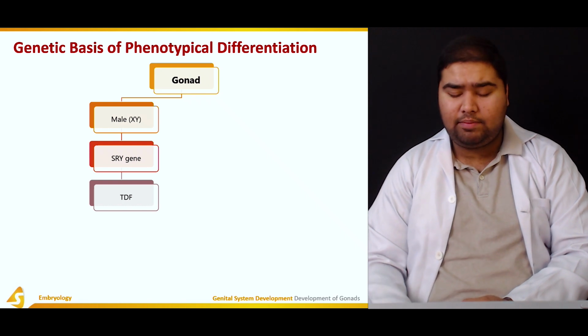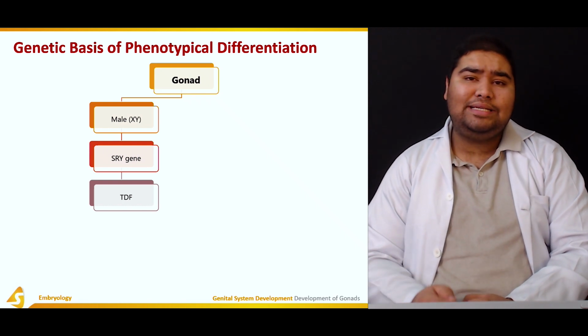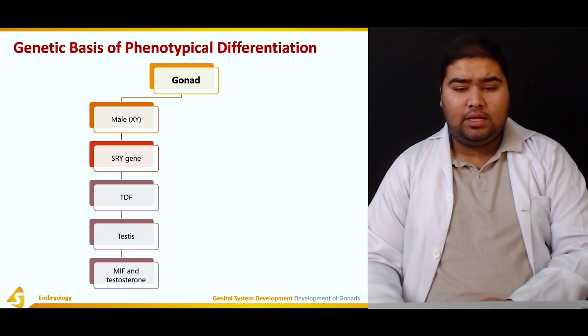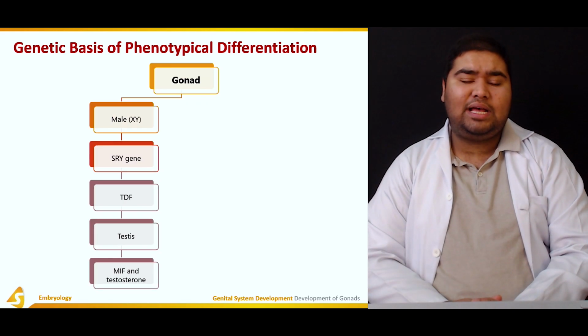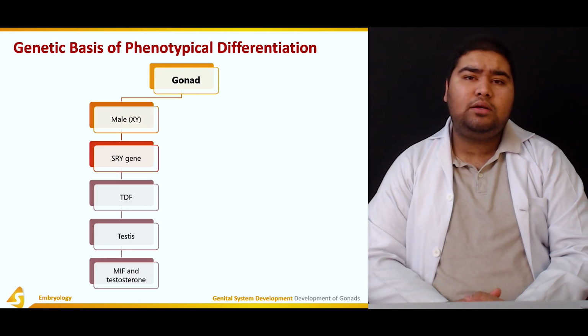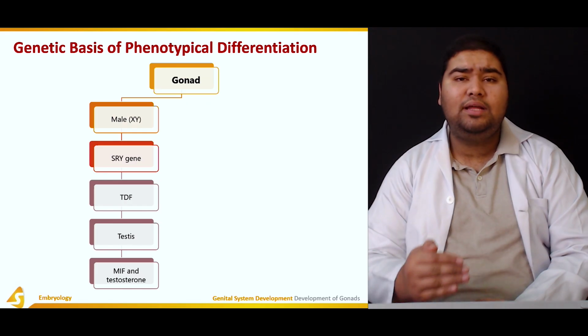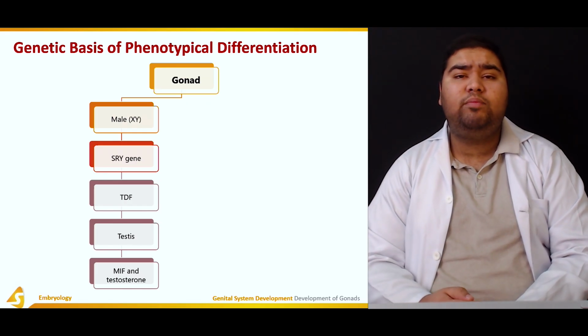The testis determining factor in turn is responsible for the production of testes. These testes now secrete the Mullerian inhibiting hormone and the testosterone. So the testis determining factor is responsible for the formation of testes.